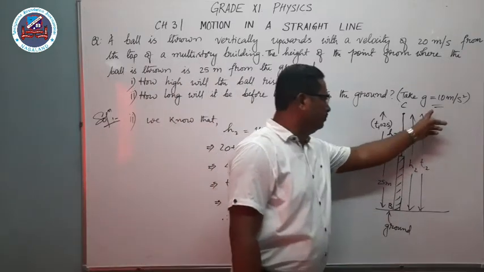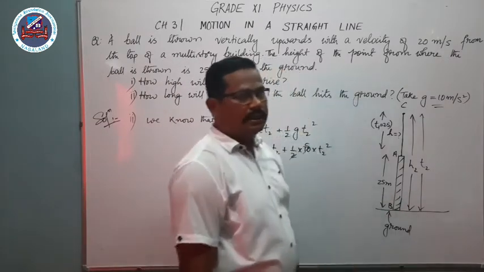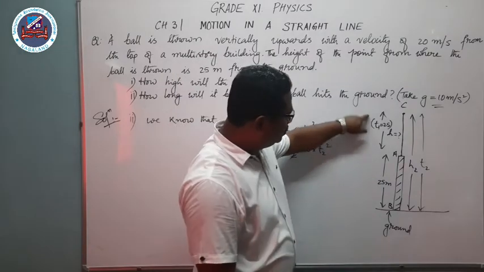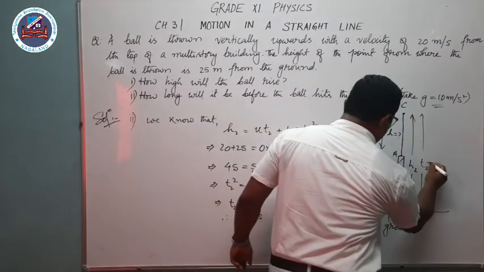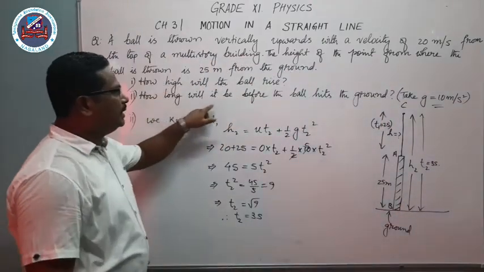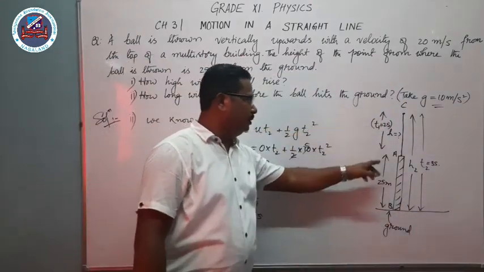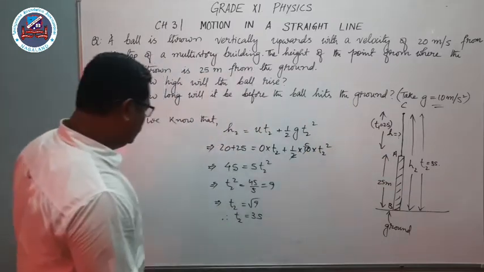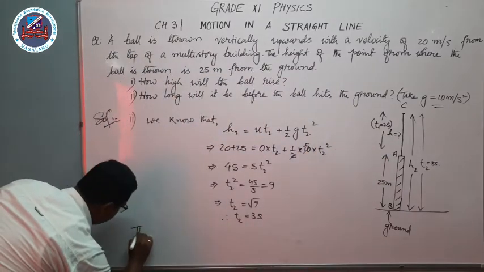So for the ball to come from C to B, it will take 3 seconds. To go up, it took 2 seconds. To come down, it took 3 seconds. So the time taken by the ball to hit the ground will be T1 plus T2.